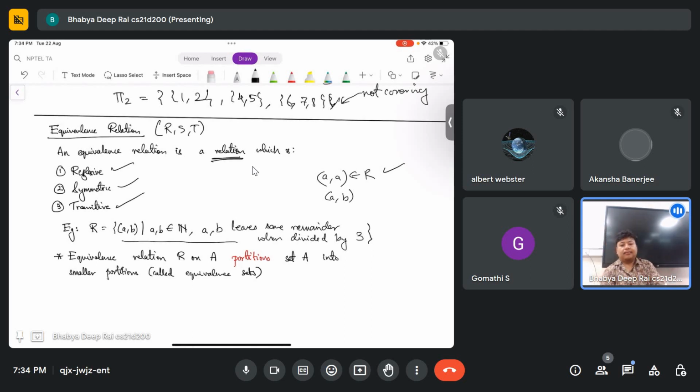So if A leaves the same remainder when divided by 3 as B, let's say A leaves 1 and B also leaves 1, then it is also true that B and A are related, they leave the same remainder. And transitive is like if A leaves the same remainder as B and B leaves the same remainder as C, then obviously A and C leave the same remainder when divided by 3.